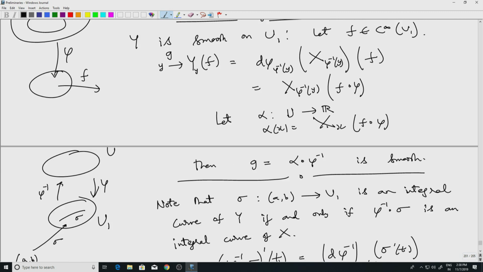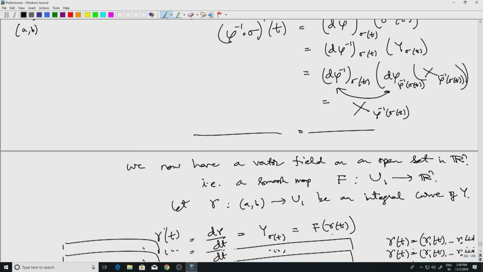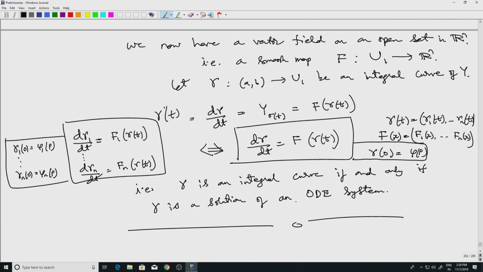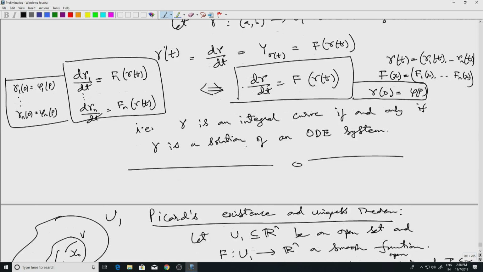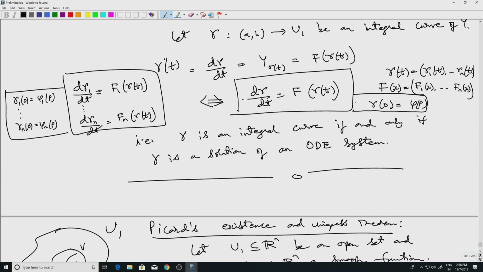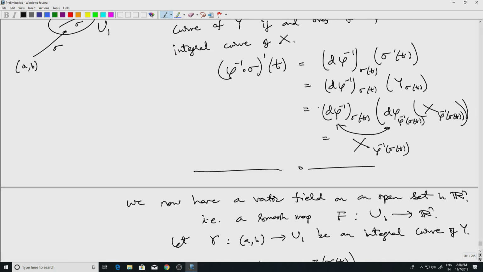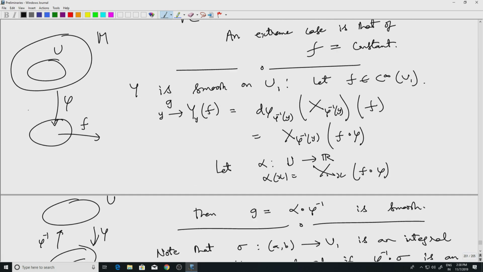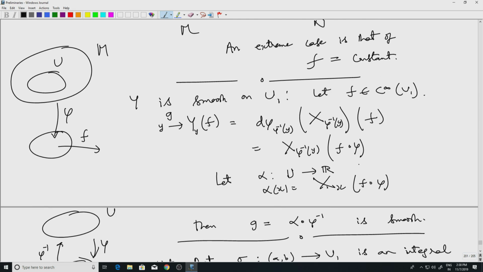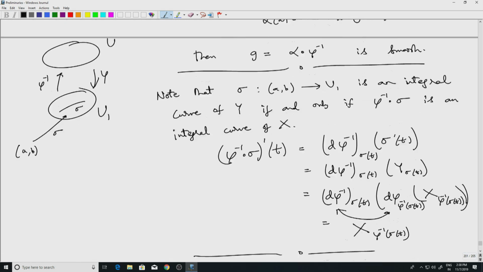We took a chart, transferred the vector field to an open subset of Rn. Then we saw that we get an ordinary ODE system, namely this. Now we apply Picard's theorem to conclude that there is a solution to this with the given starting point. And we transfer it back to the manifold via phi inverse to get an integral curve for the original vector field.